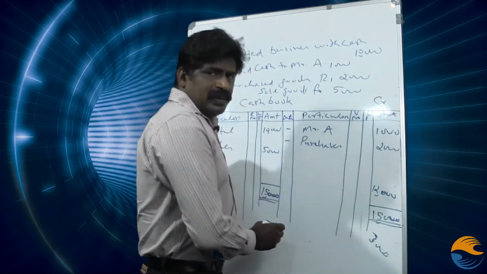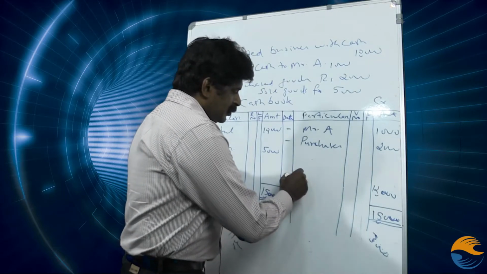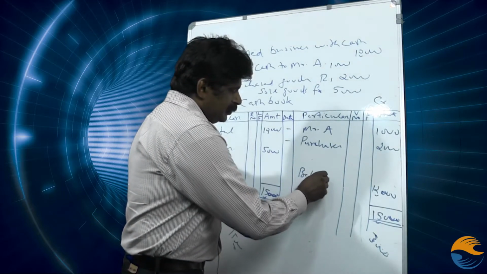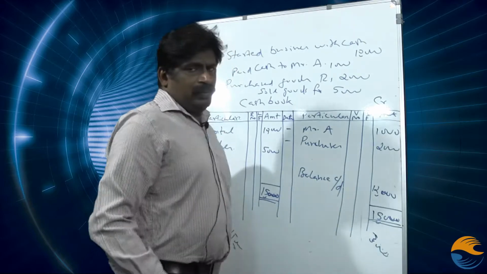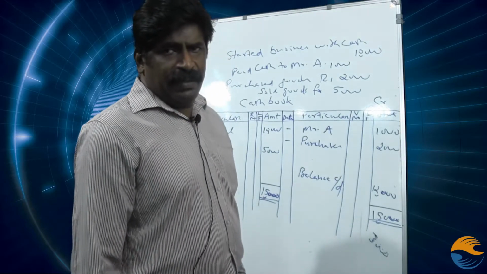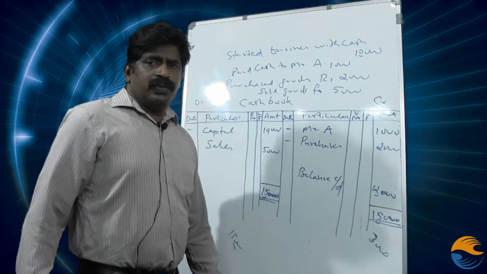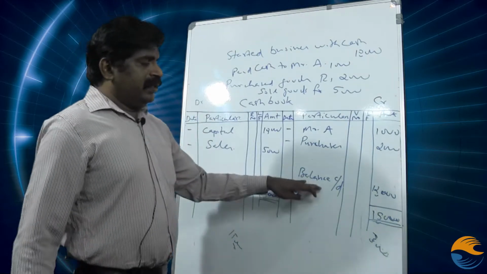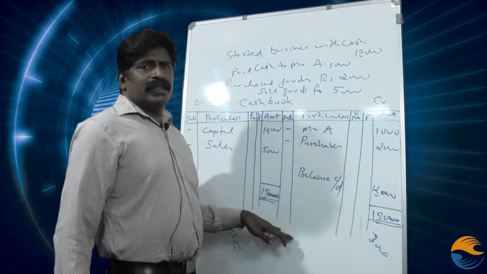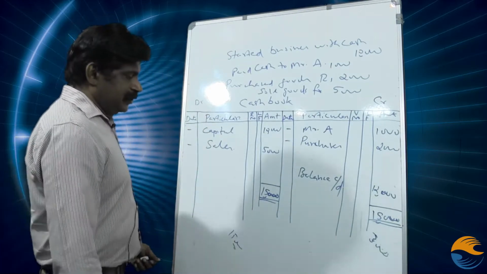This 12,000 is denoted as balance carried down. Balance carried down. After writing balance carried down, we have to write or bring down this balance on the other side.